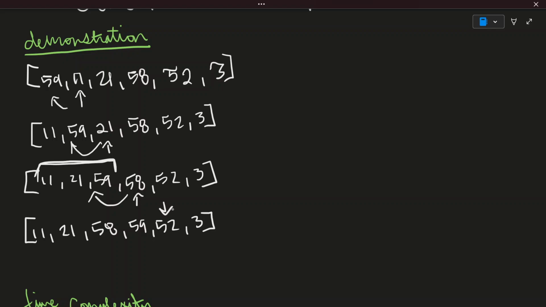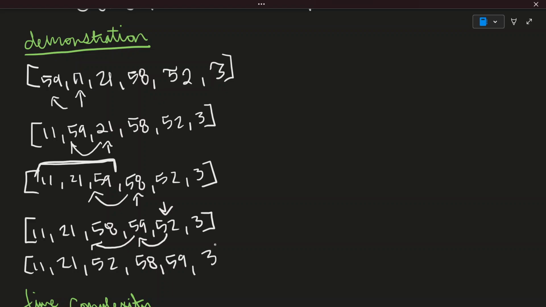Now we can check out 52. 52 is less than 59, so we move it to the left one. We make another comparison. 52 is less than 58. Move it over one more. So now we have our new array.